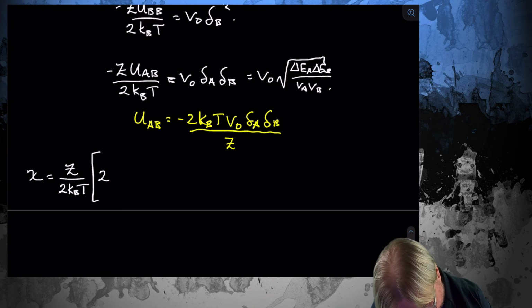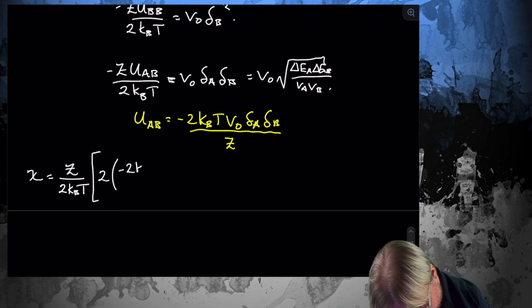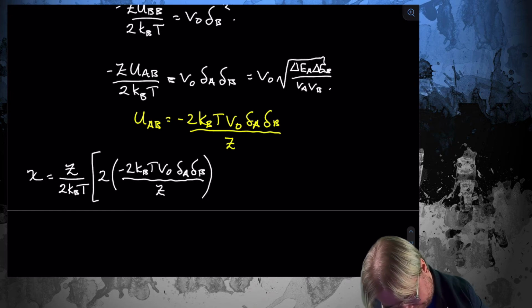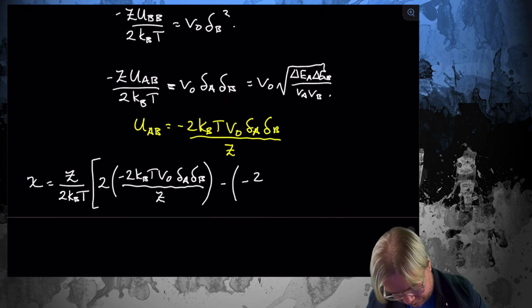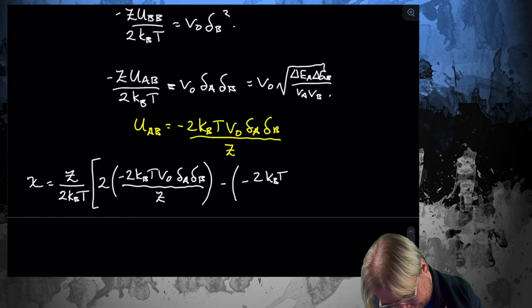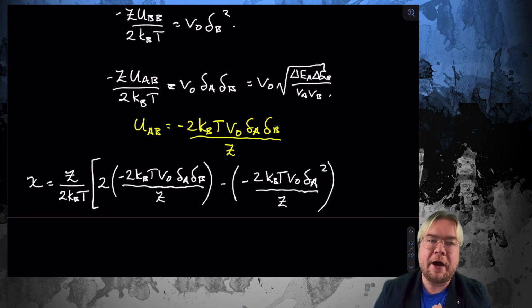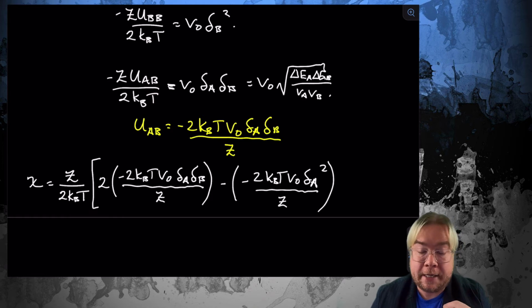So I've got 2 times minus 2 kBT V0 delta A delta B divided by Z, minus, making sure I don't screw this up, 2 kBT V0 delta A squared divided by Z, and now I just need to substitute in for UBB.